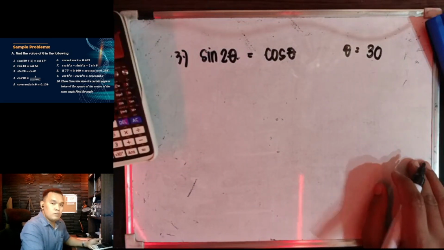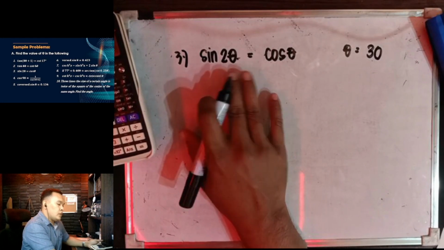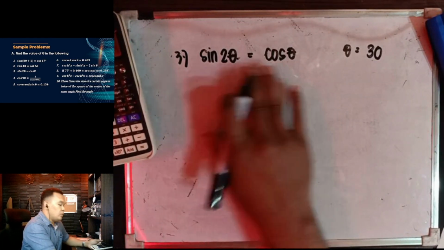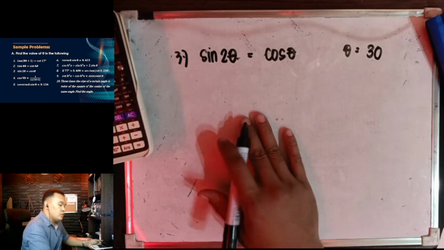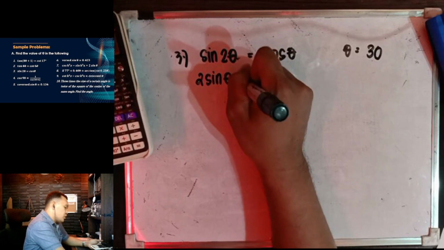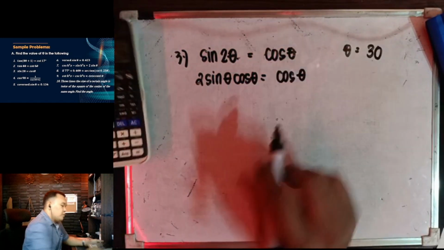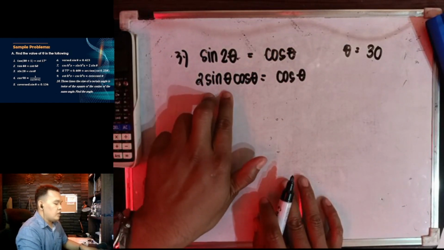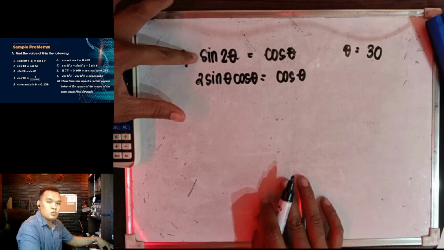So, try natin i-solve manually. So, we have here sine 2 theta is equivalent kay cosine theta, and we all know that sine 2 theta, kapag tinignan natin sa identities niya, we could say that 2 sine theta cosine theta is equivalent kay cosine theta. Yung 2 sine theta cosine theta is the identity nitong sine 2 theta, no?